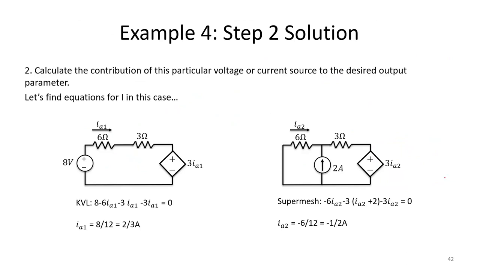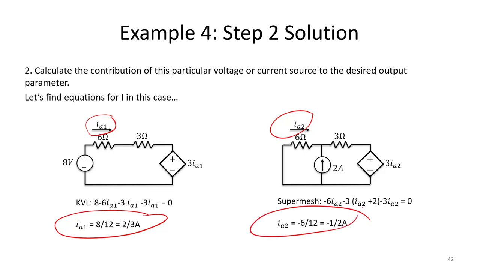So if you perform the calculations correctly, you should have determined that the current IA1 is 2/3 amps, IA2 is minus 1/2 amps. Remember, the total current IA must be equal to the algebraic sum of IA1 plus IA2.